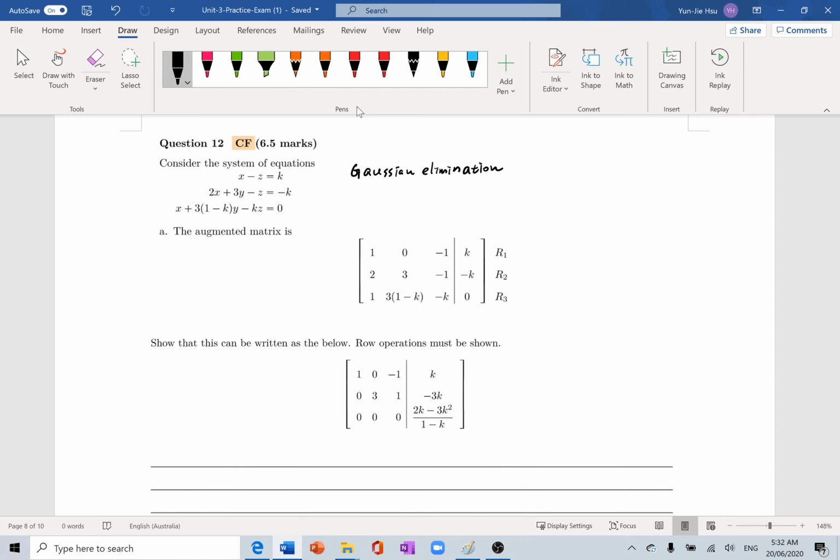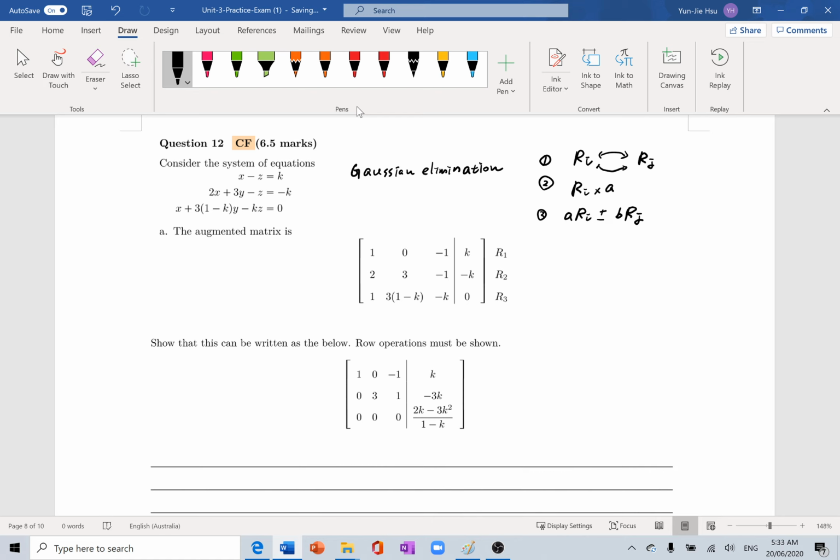One, remember, row and row can swap. You can swap row and row. Two, any row can be multiplied by any constant you like. Three, any row can be multiplied by a constant and plus or minus another row multiplied by another constant.